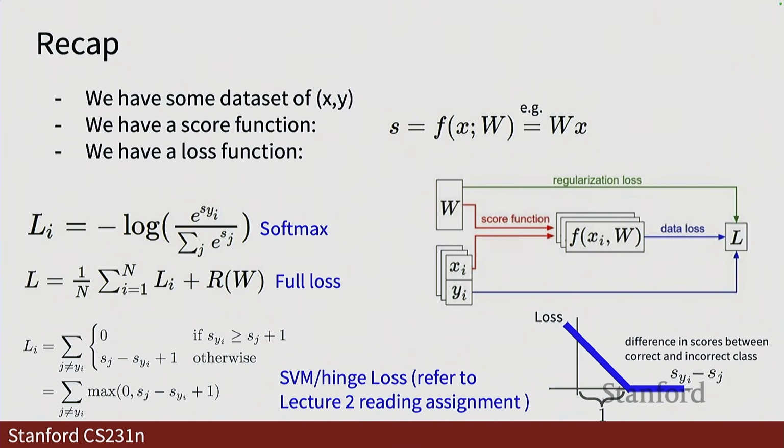Even for classification, if you've looked at the slides we've shared on the website, I included the hinge loss, which used to be called SVM loss, in the reading assignments in lecture 2. In the slides, we had examples around the topic of hinge loss. It is also one of those widely used loss functions, especially in the early years of neural networks.